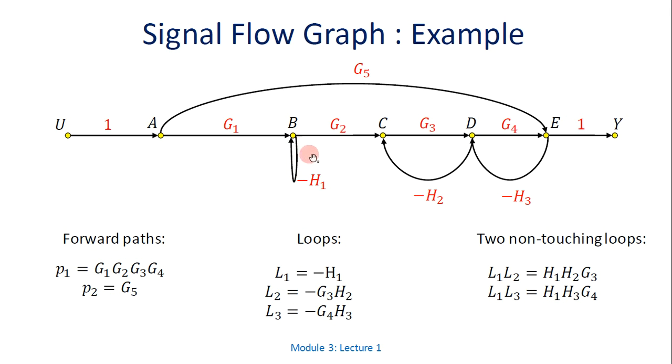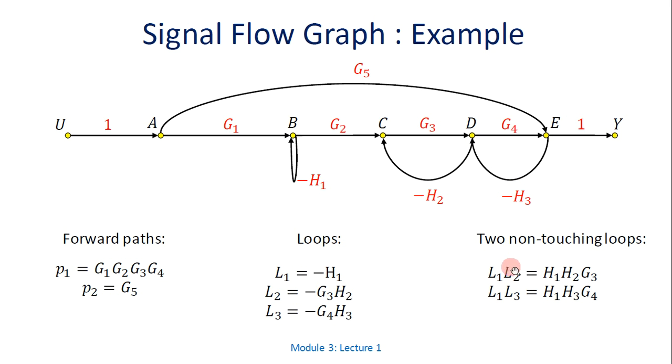B to B is one loop, C is another loop, and DED is another loop. So L1, the loop gain, is minus H1. For the next loop, L2 is G3 into minus H2, that is minus G3 H2, and L3 is G4 into minus H3, that is minus G4 H3.